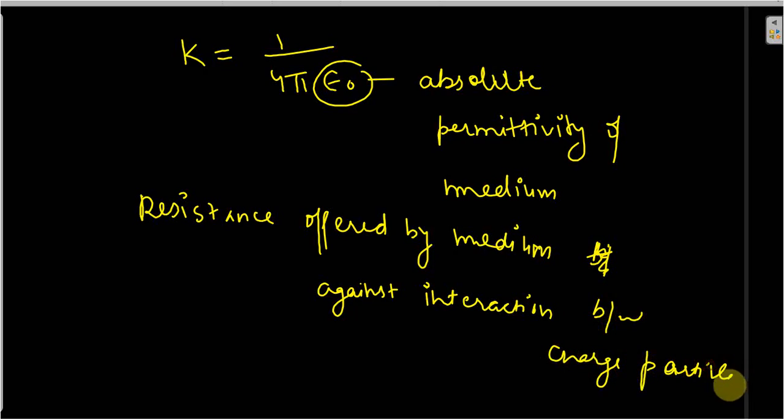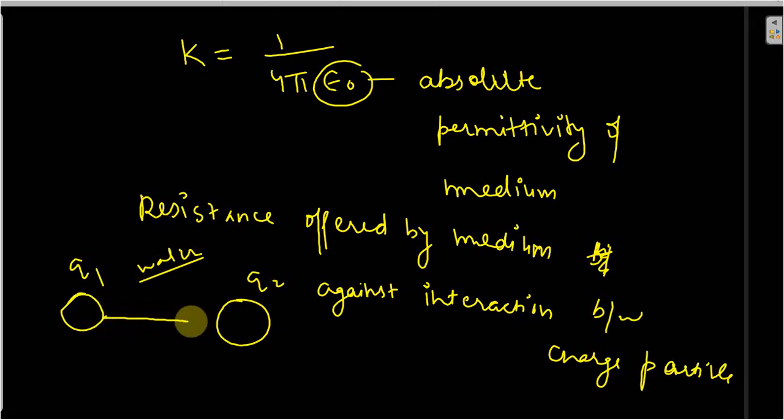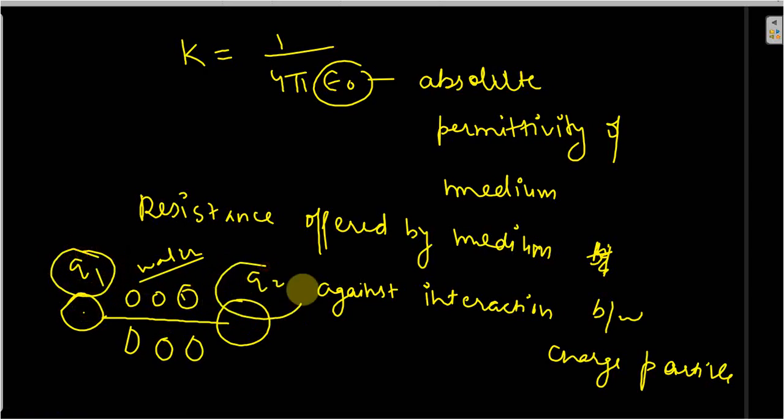When you have two charged particles, let's say the medium is water, and we place these two charges in the water. These water molecules will offer resistance, and they will not allow the interaction between Q1 and Q2.